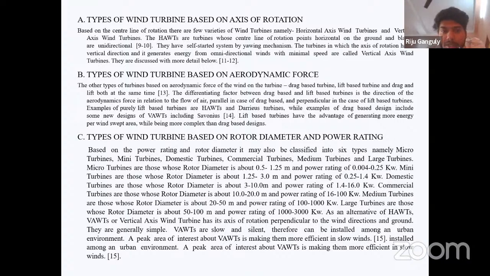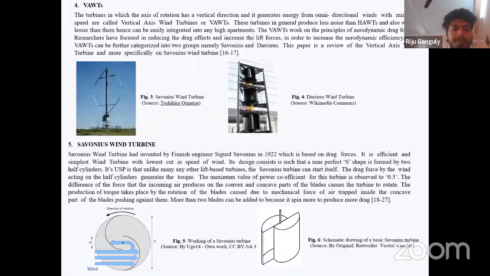The horizontal axis wind turbines are turbines whose center line of rotation points horizontal to the ground and blades are unidirectional, so they have a self-starting system by a veering mechanism. Then there are the turbines in which the axis of rotation has a vertical direction. From the previous slide, I'm telling about the vertical axis wind turbine. So please share the next slide.